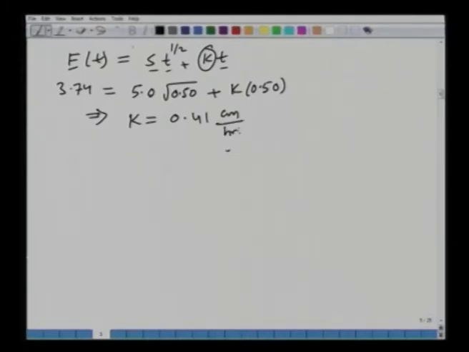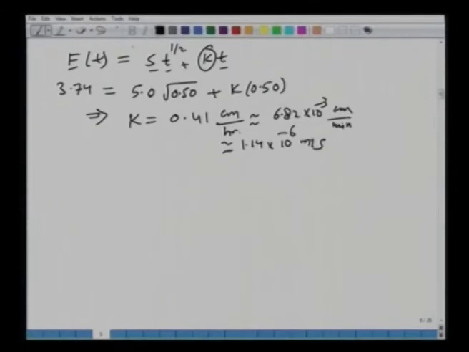centimeters per hour, or it will be 6.82 times 10 to the minus 3 centimeters per minute, or 1.14 times 10 to the power minus 6 meters per second.